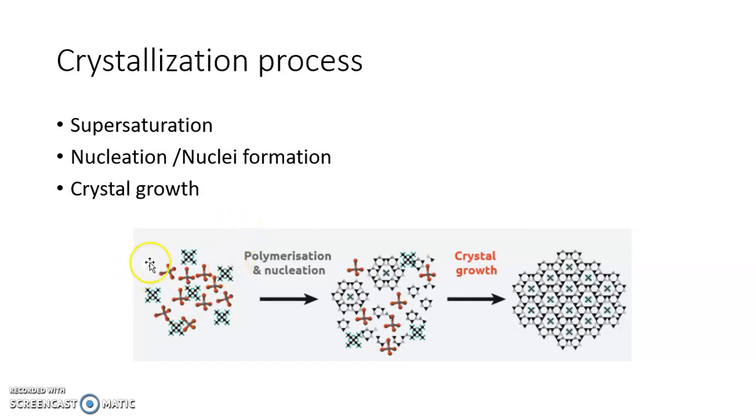Here you can see that initially you have supersaturation achieved in a solution, and as you decrease temperature with stirring, there is formation of very small crystals, referred to as nuclei, very few lattices joining together to develop these nuclei. Then, with time, there is deposition of more molecules or particles, and the nuclei grow in size to give the final crystal shape.